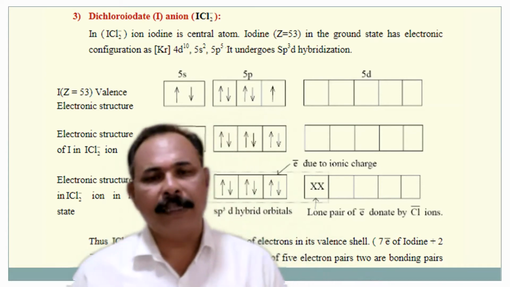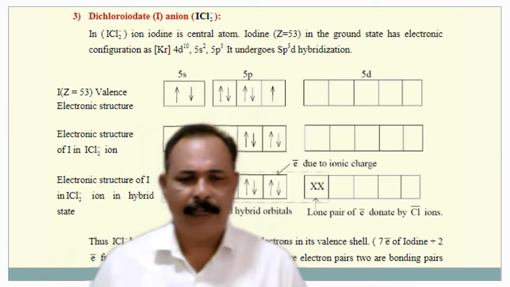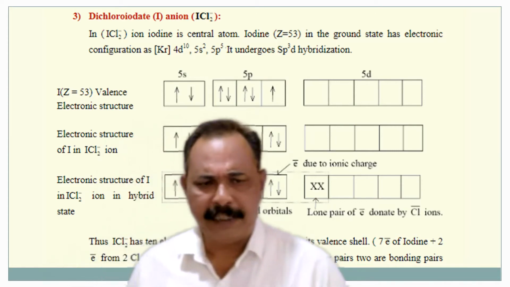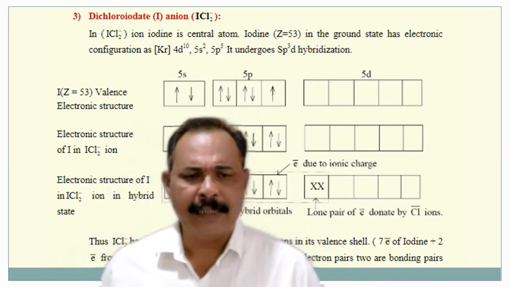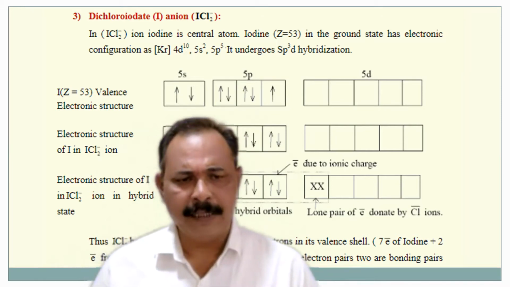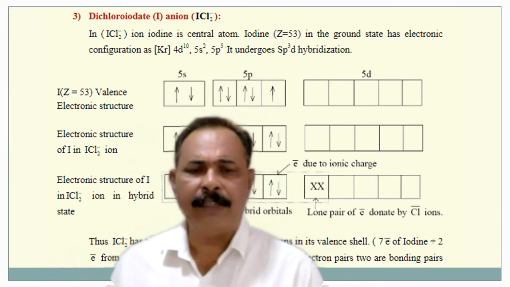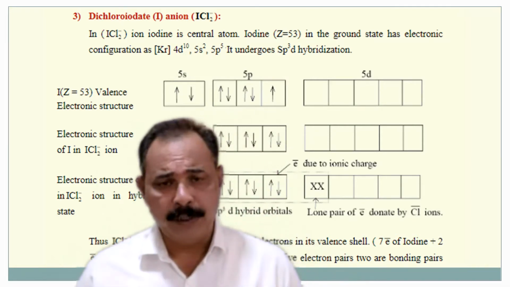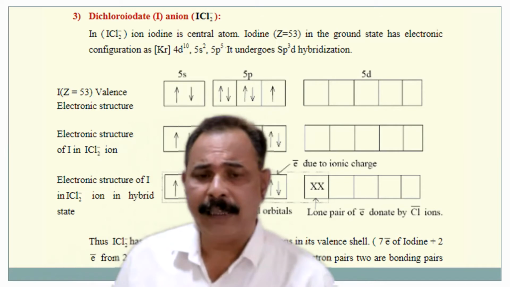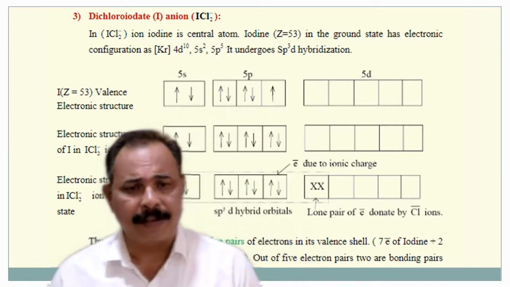It undergoes sp3d hybridization, and here is the diagrammatic representation. Iodine has atomic number 53 and its valence electronic structure is 5s orbital having 2 electrons and 5p orbital having 5 electrons, while 5d remains vacant.